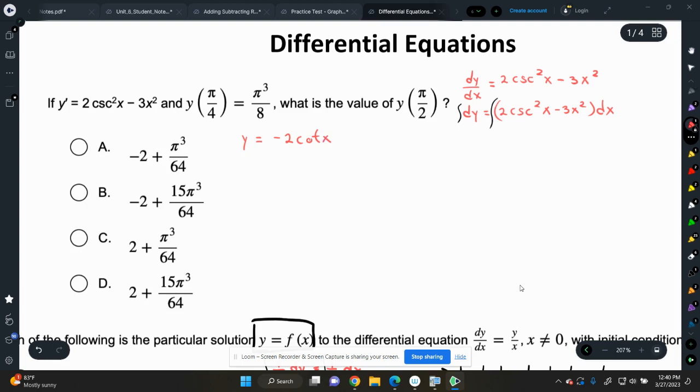The derivative of cotangent is negative cosecant squared. Since this is a positive cosecant squared, we have to have a negative cotangent. Okay? And then we're going to do minus. Now, what's the integral of 3x squared? X cubed. X cubed. Look at you guys. I'm proud of you. Plus c. Okay?